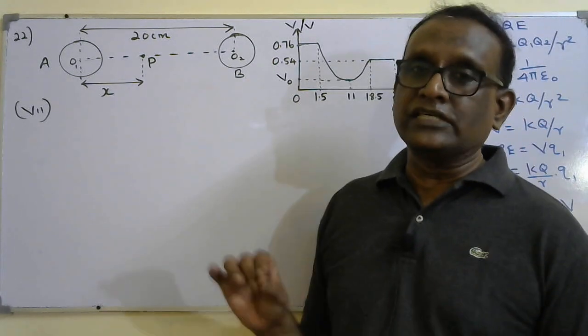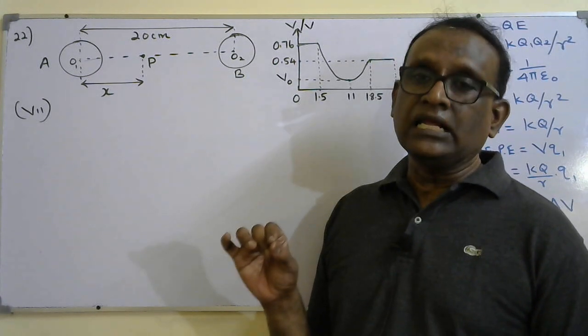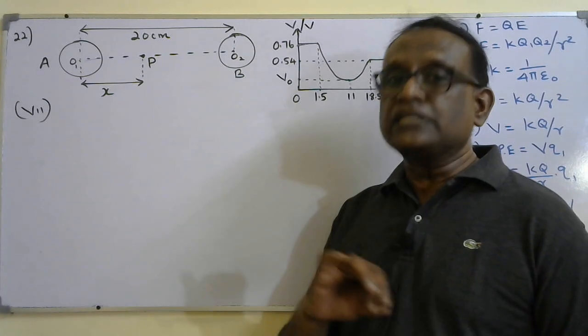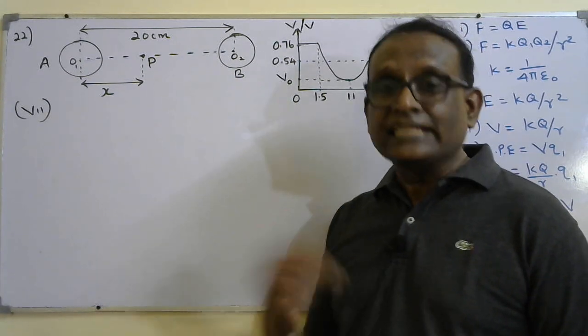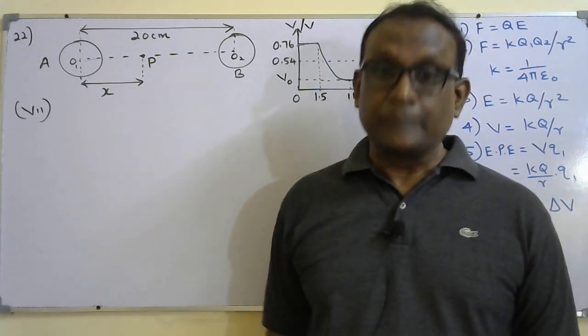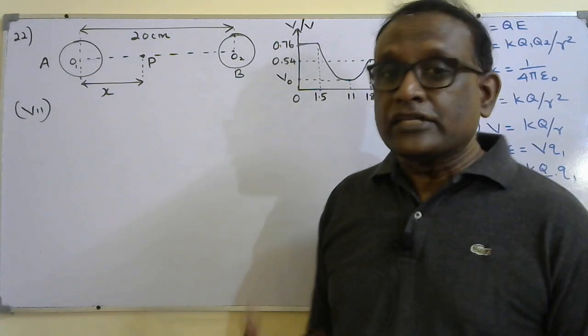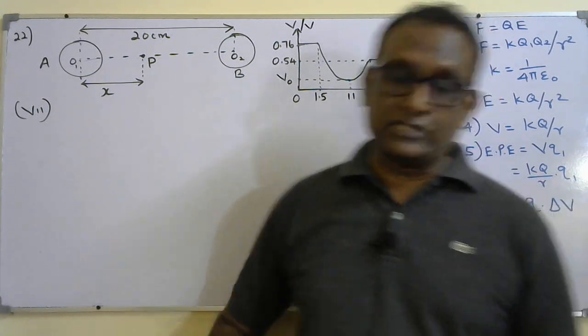Whenever a positive particle moves from higher to lower potential, it gains kinetic energy, so its speed will increase.